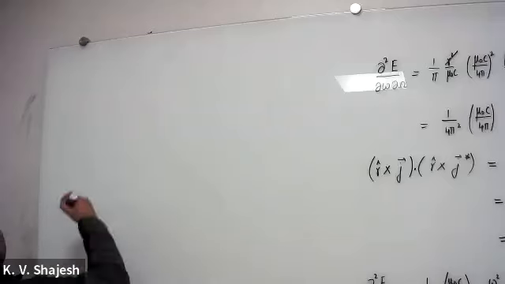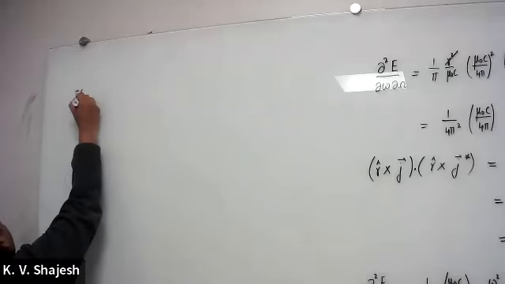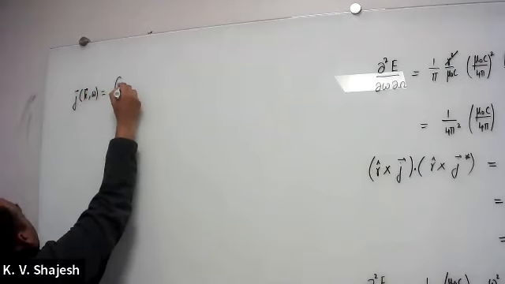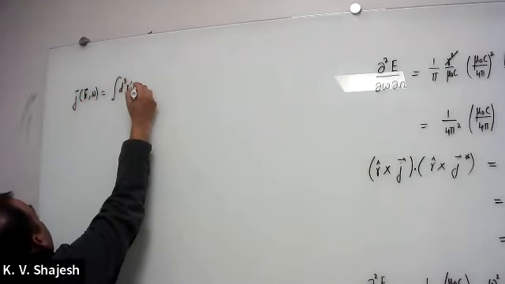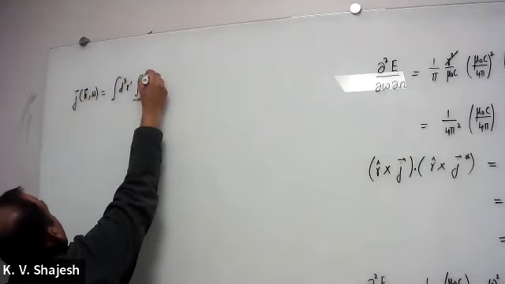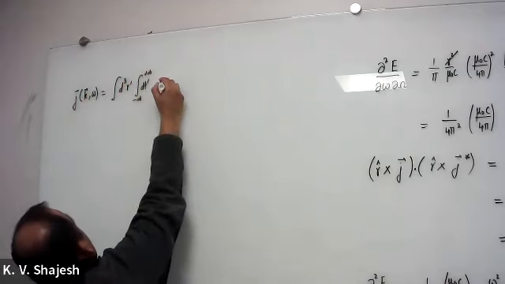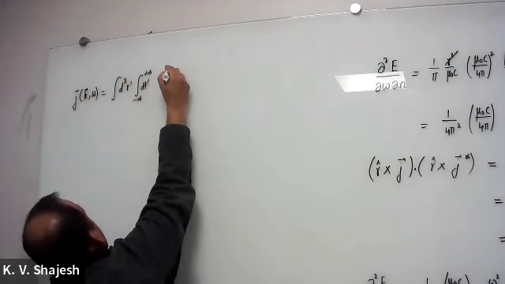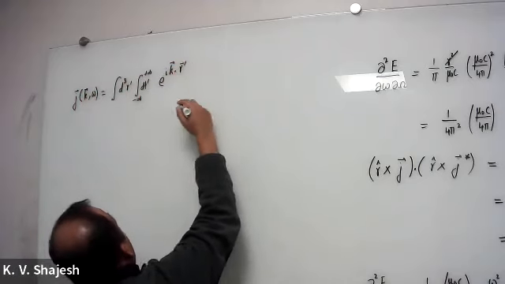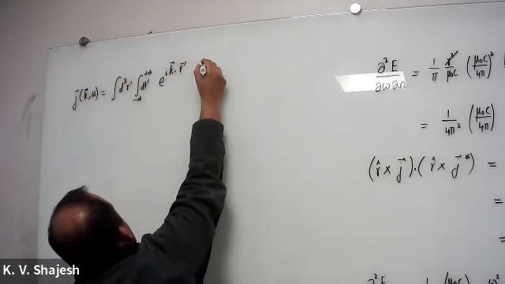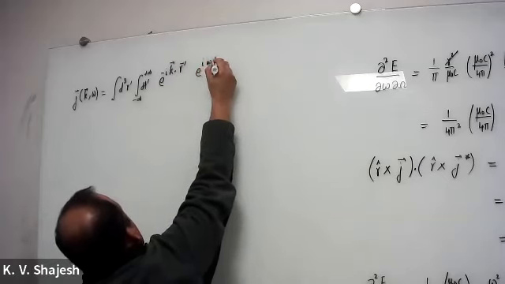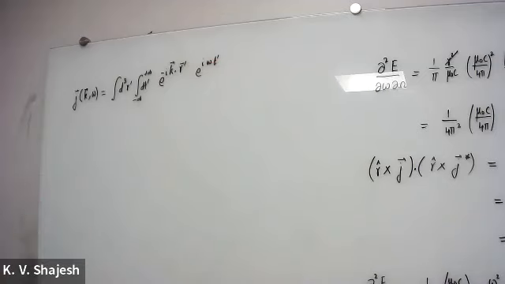Fourier transform of that would be g of k, omega equals the integral d cubed r prime dt prime, minus infinity to plus infinity, e raised to minus i k dotted with r prime, e raised to i omega times t prime, and j of r, t.